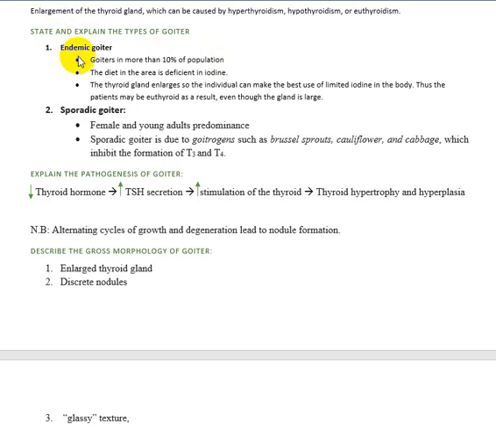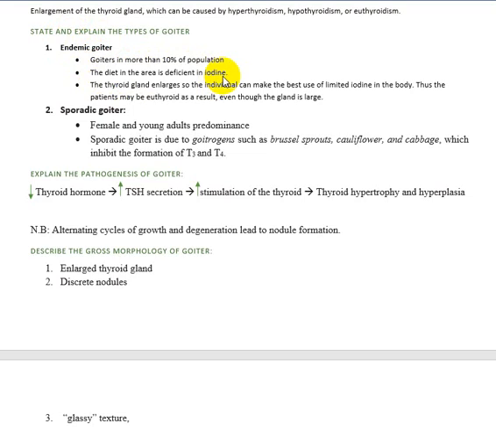Something that can make the goiter localized in a particular region is that the region does not have one of the nutrients necessary for thyroid gland growth. So a patient with endemic goiter will affect more than 10% of the population. It is localized but affects many people, and it is related with iodine.